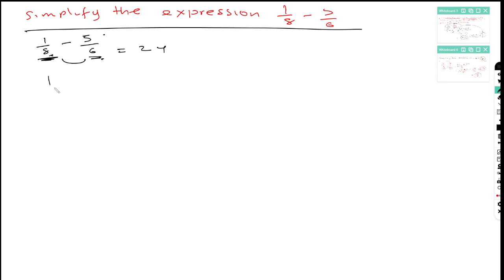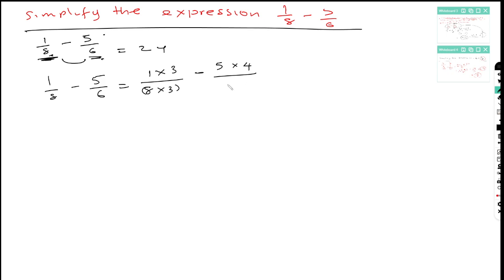Let me write again afresh. 1/8 minus 5/6 is equivalent to, if there is 24, then it will be 8 times 3, so 1 times 3 over 24, minus 5 times 4, because 24 divided by 6 is 4.